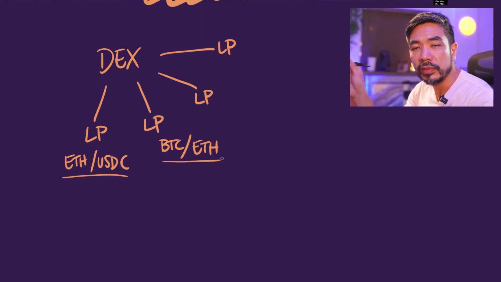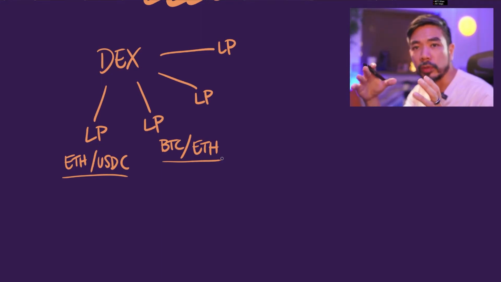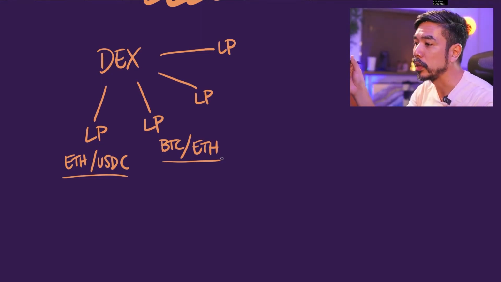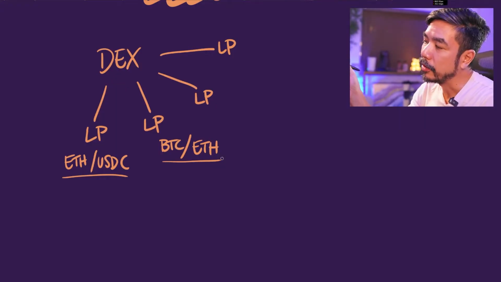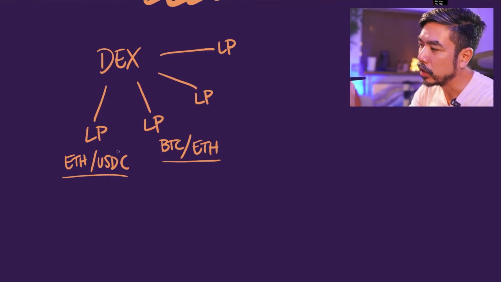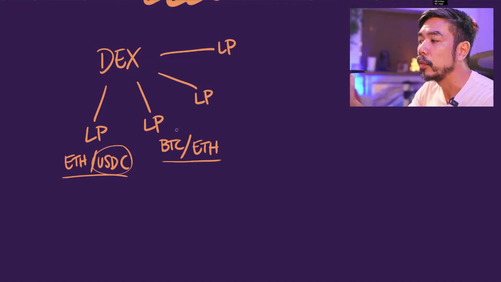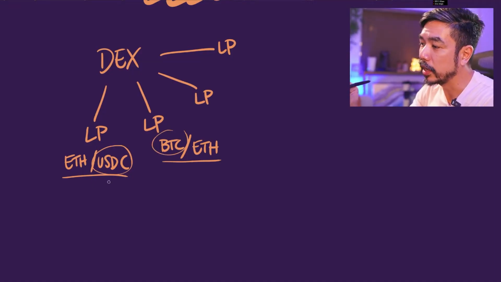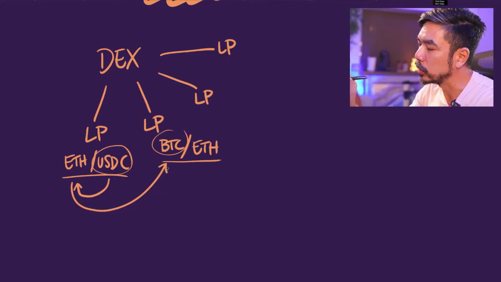So you notice that all of these different LPs only have two cryptos, but you can actually route between them. For example, if I had USDC and I wanted to buy Bitcoin with it, I could hop from one pool to another. My USDC would go here, and then it would turn into ETH, right? And then from that ETH, it would get turned into BTC.